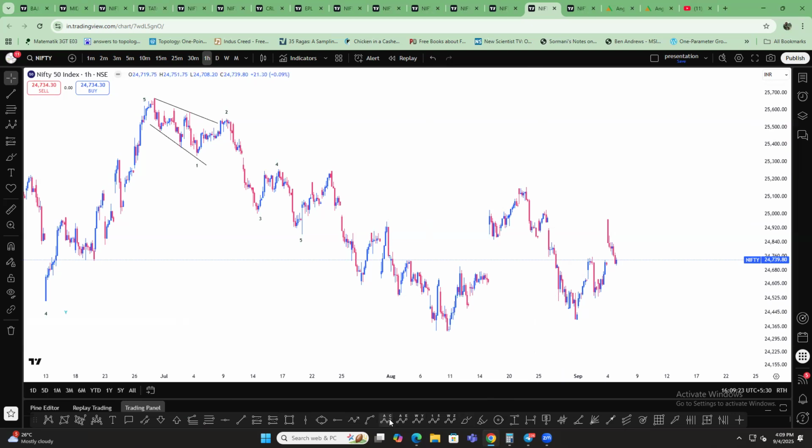Now, again, look at this correction. This is from here. This is wave B, and this is 1, 2, 3, 4, and 5. So this is again forming an ending diagonal structure.